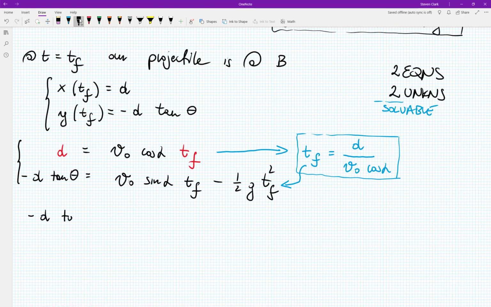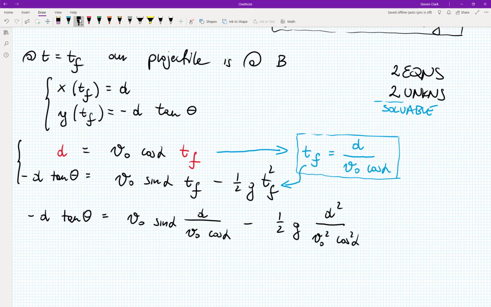Minus d tan theta, and this is equal to v0 sine alpha times d over v0 cosine alpha minus 1/2 g d squared over v0 squared cosine squared alpha.